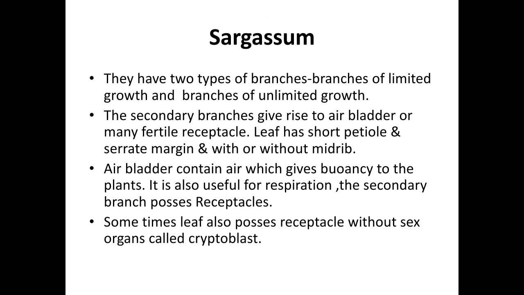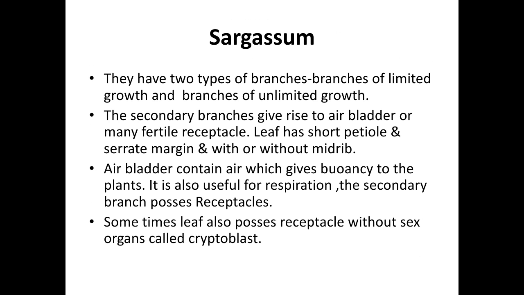Next, they have two types of branches, branches of limited growth and branches of unlimited growth. The secondary branches give rise to air bladders or many fertile receptacles. The leaf has a short petiole and serrate margin, with or without a midrib. The air bladder contains air which gives buoyancy to the plant.